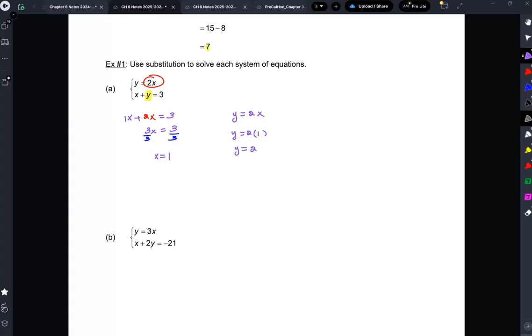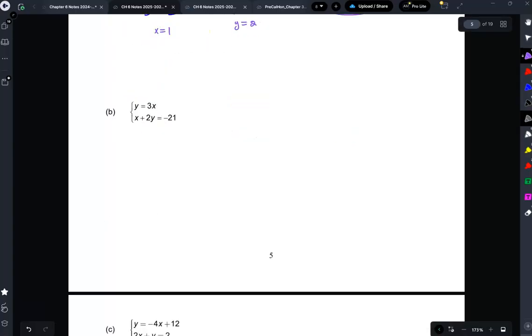So y is equal to 2. Now, you cannot leave your answer like this though. You have to write it as a coordinate 1, 2. Okay? It's always x, y. All right? Always in alphabetical order. X, y.